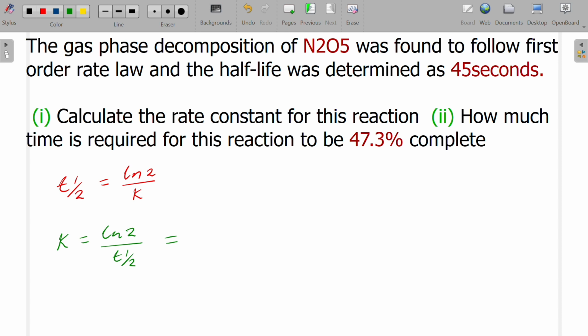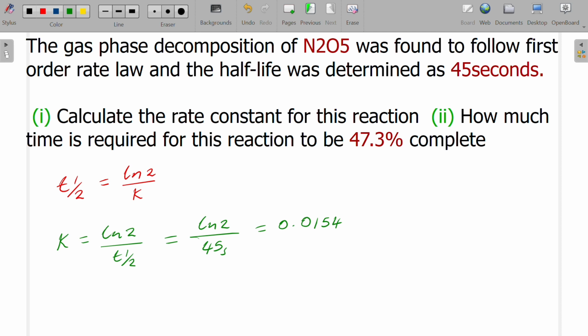Replacing with what we have here, our K will be equal to natural log of 2. Remember, we are given half-life to be 45 seconds. So this will divide by 45 seconds. And this will give us an answer that is, according to my calculator here, I'm getting 0.0154 rounded off to 4 decimal places.